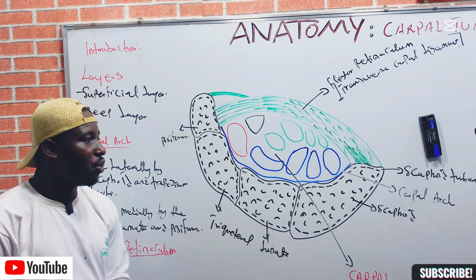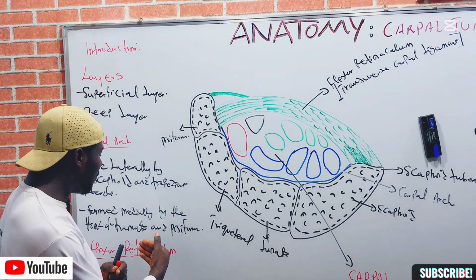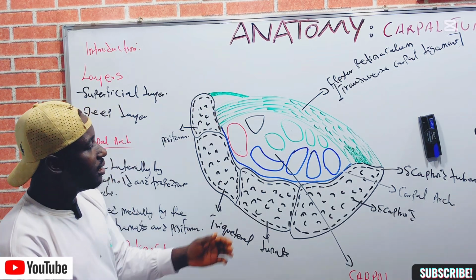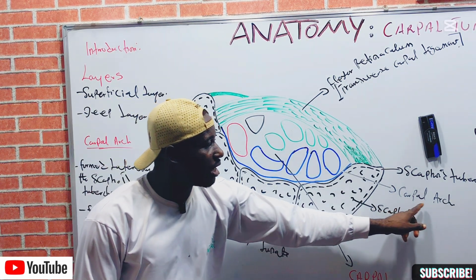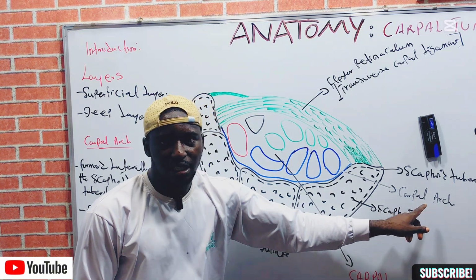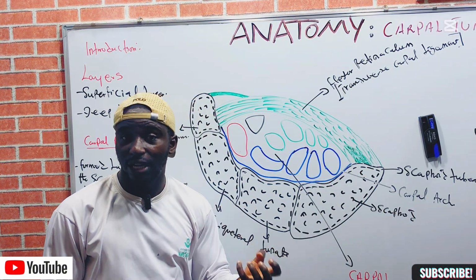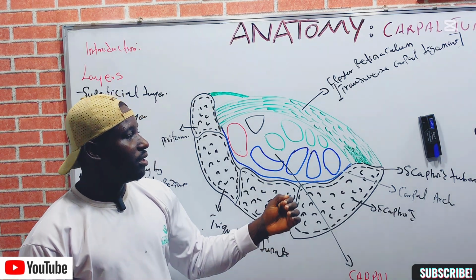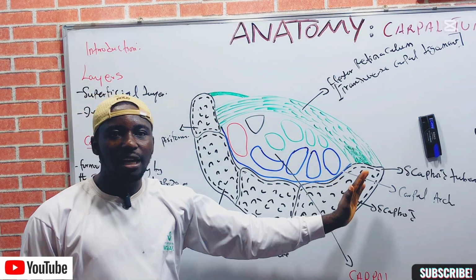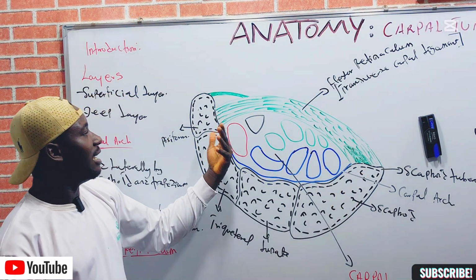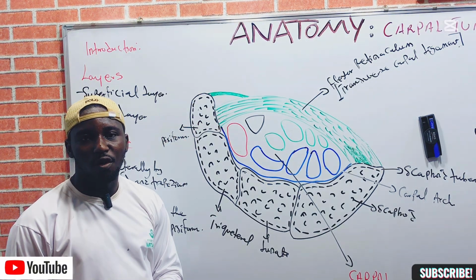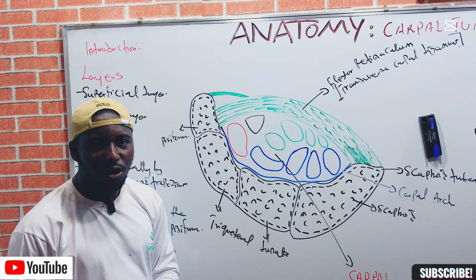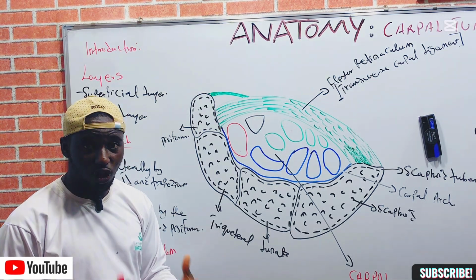So the flexor retinaculum converts the carpal arch into a tunnel, which is the carpal tunnel, by bridging the space between the medial and the lateral aspects of the carpal arch. That is what it does.